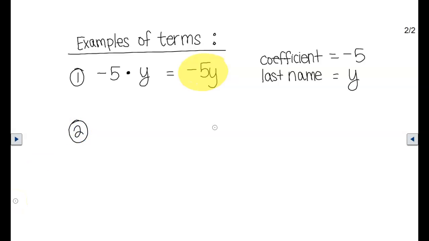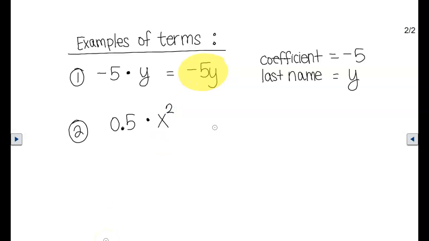Let's, for our next term, we need a number part. So let's choose 0.5. And then I want to multiply that times a variable part. Now this time I think I'll use the variable x. And I'm going to raise it to the second power.